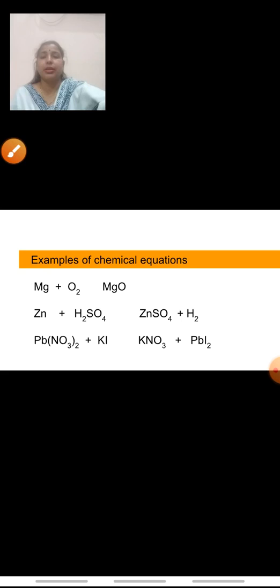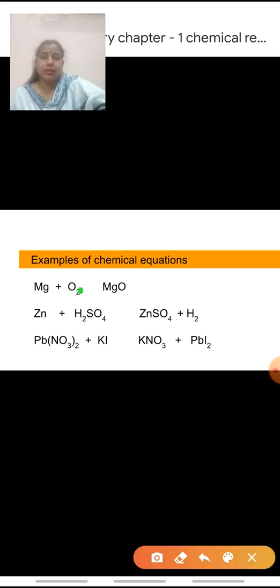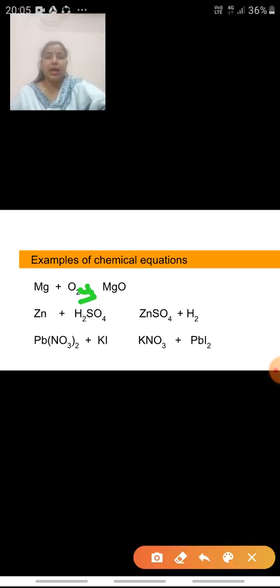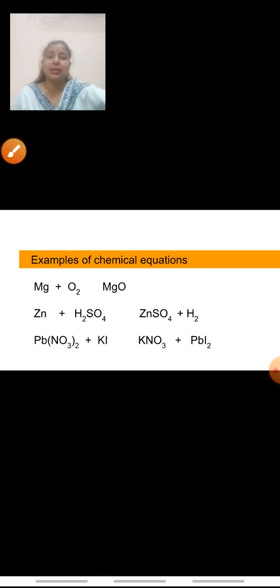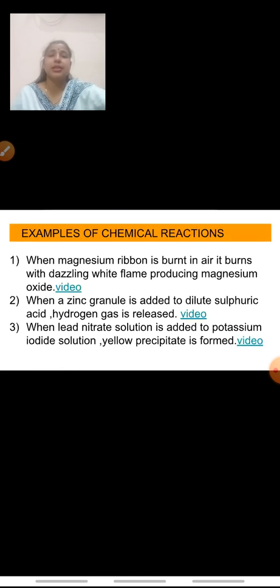See children, here we have an arrow. Now when magnesium reacts with oxygen present in the atmosphere, it results in the formation of magnesium oxide. This is that same chemical reaction that you have learned in this slide. Magnesium ribbon burns in air, producing magnesium oxide.